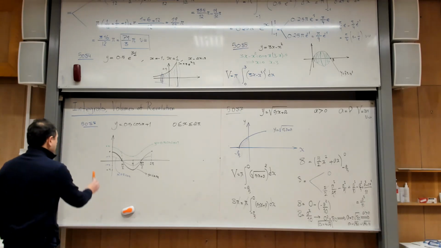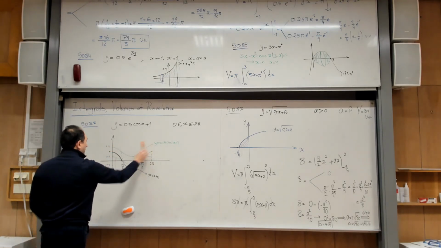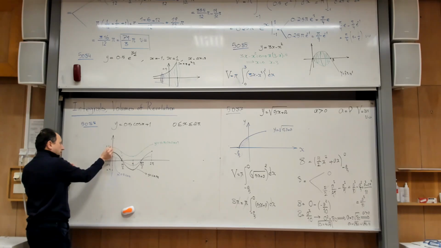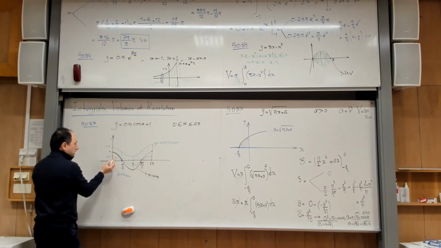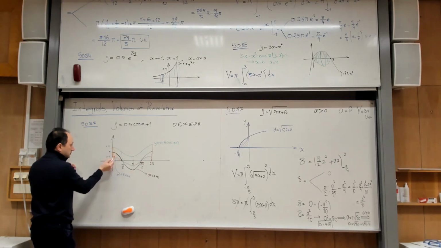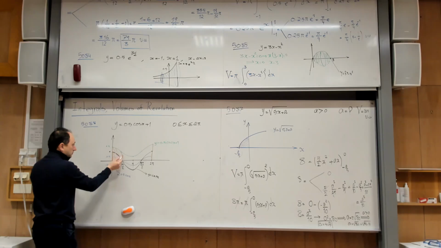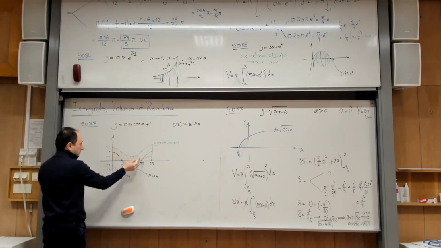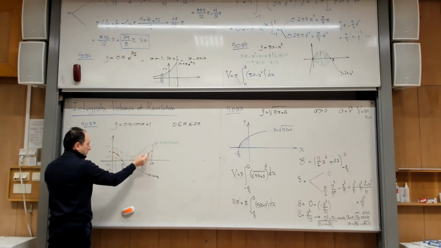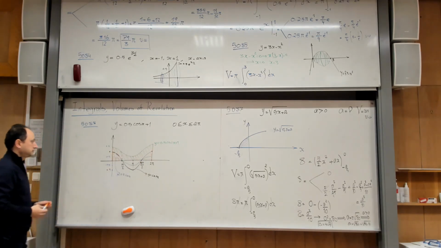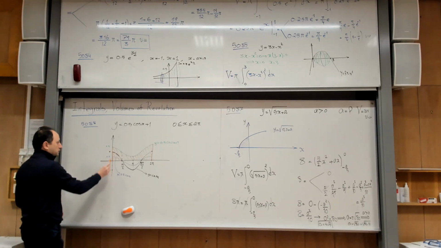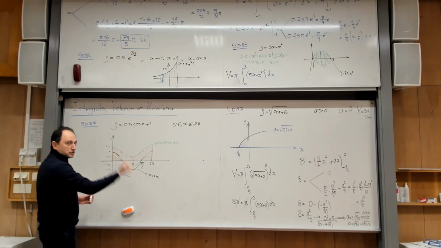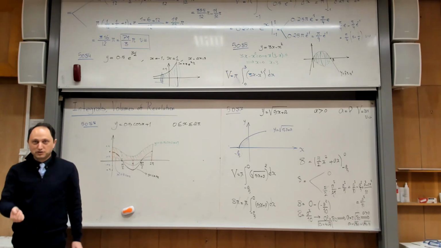Then between 0 and 2 pi, let me just draw something like that. So this is 0, this is 2 pi, and this is the area. So it is not hard to guess what will happen. It will be like a dumbbell, similar to a dumbbell if you rotate it.